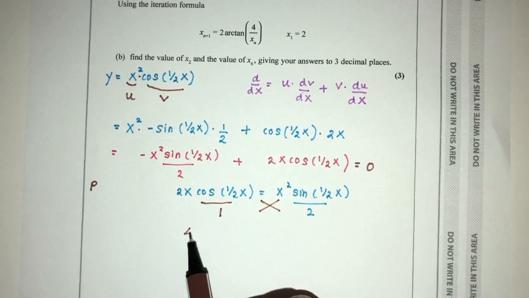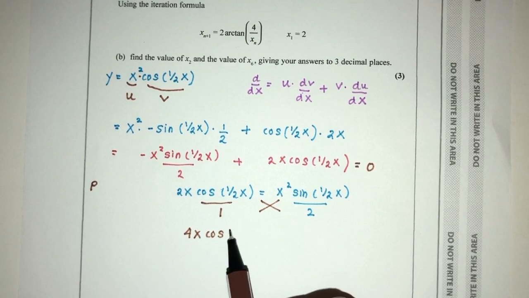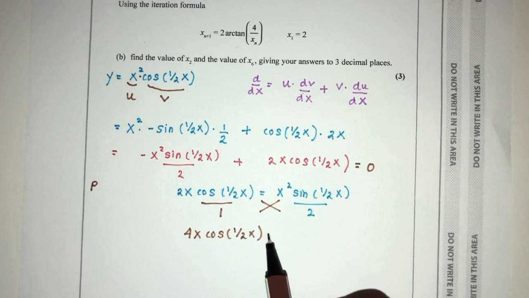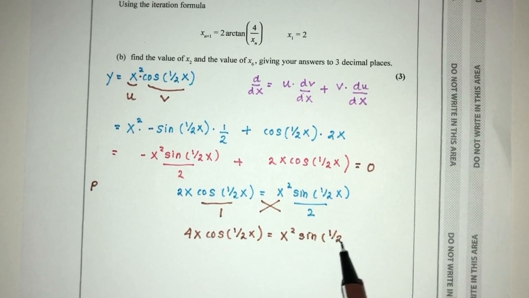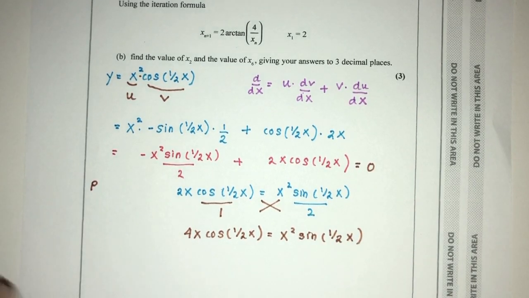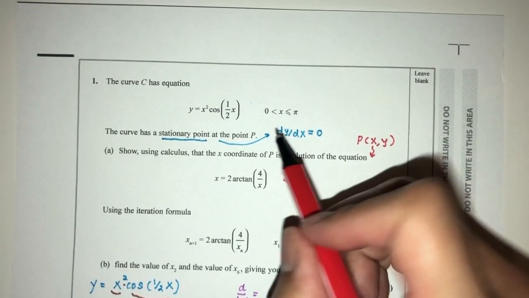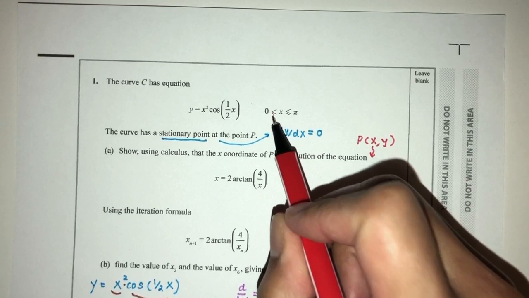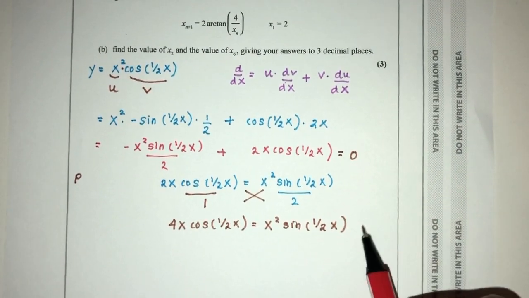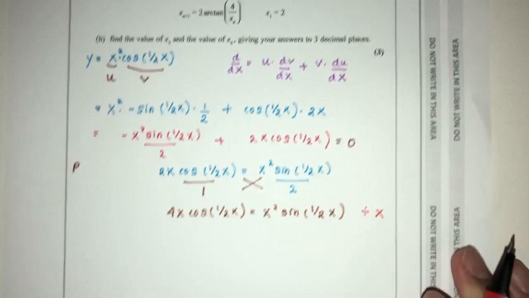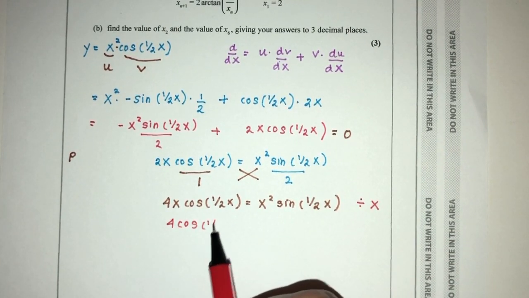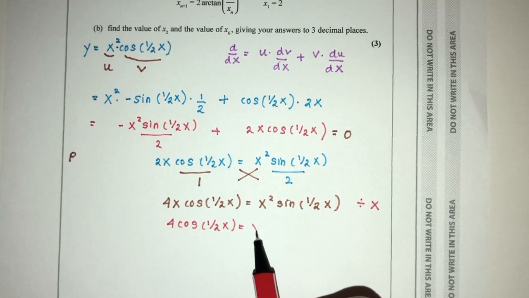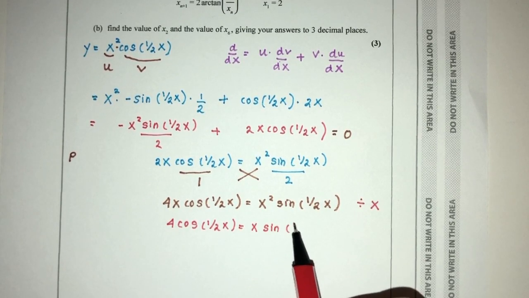You will have 4x cos half x is equal to x squared sine half x. Okay, so let's see what else can we do. Now because the value of x cannot be 0, we don't have equal sign here, what can we do? We can just divide by x everywhere. So you will have 4, this will cancel out, you will have cos half x is equal to x sine half x.